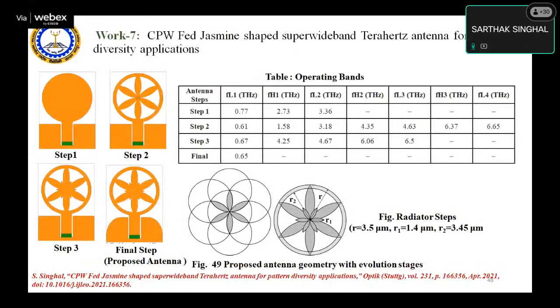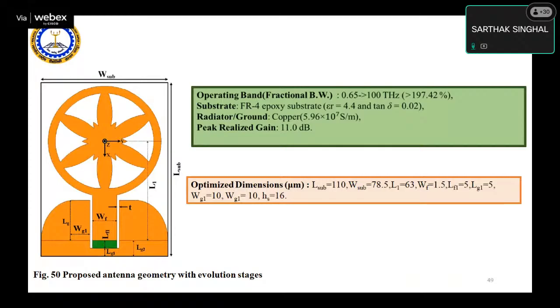Then a Jasmine shaped structure was discussed, which covered a bandwidth of 0.65 to 100 terahertz. In this, the FR4 epoxy substrate is highly lossy in comparison to polyimide, and based on this lossy substrate this bandwidth is achieved, so you can achieve better impedance matching.